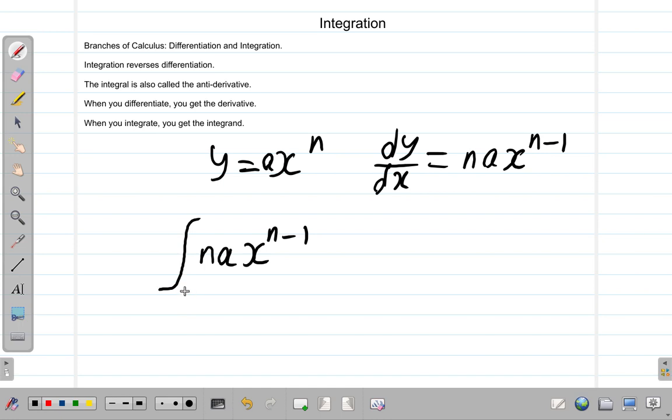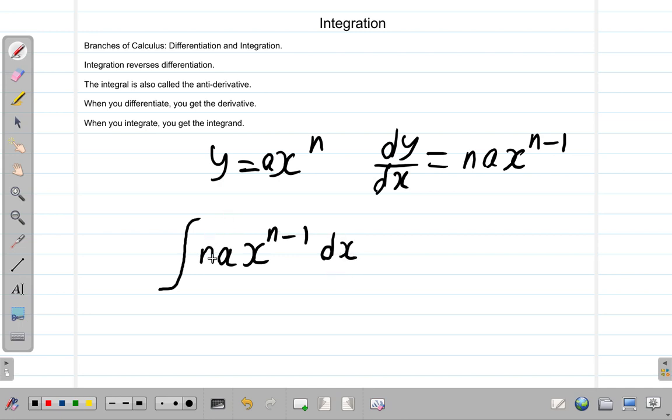Alright? And then you want to integrate considering x as the variable, not n, not a. You consider n and a as just constants. To show that x is the variable, we put dx. Alright?